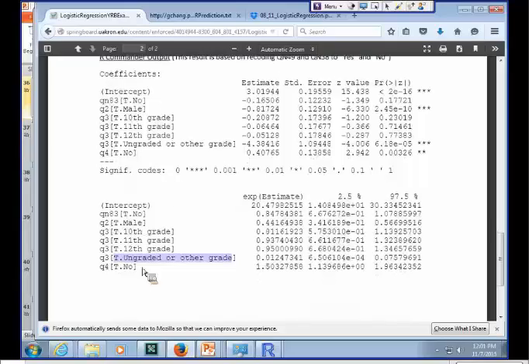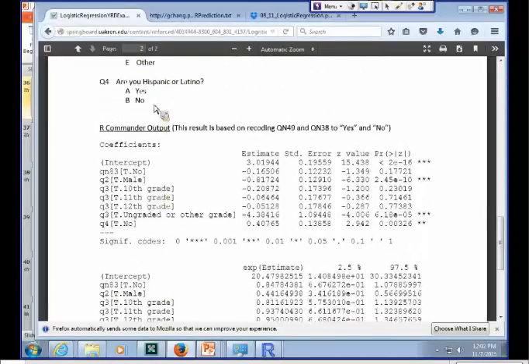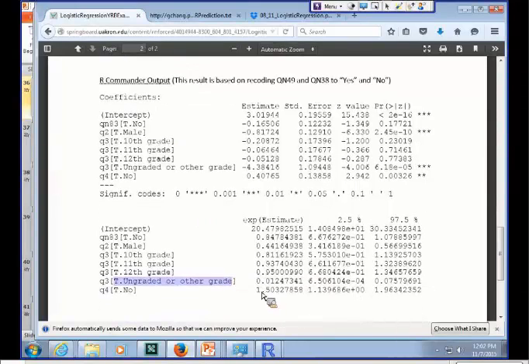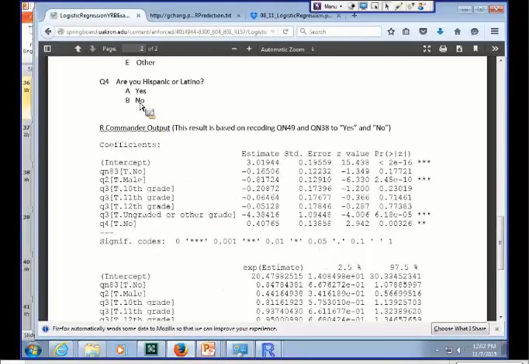When you see a "no", that means you have a G4 indicator variable indicating no, right? So you have an odds ratio here. This odds ratio is your odds of using drugs if you are not Hispanic versus if you are Hispanic.